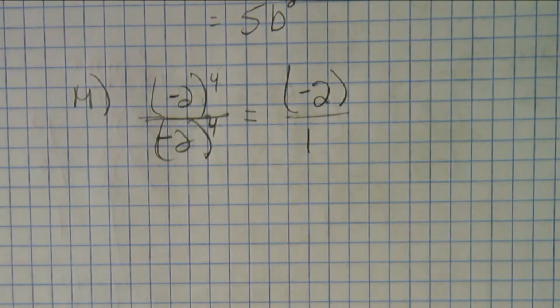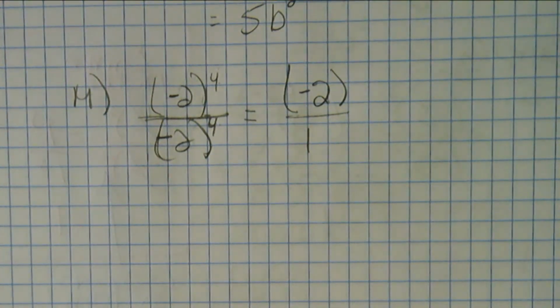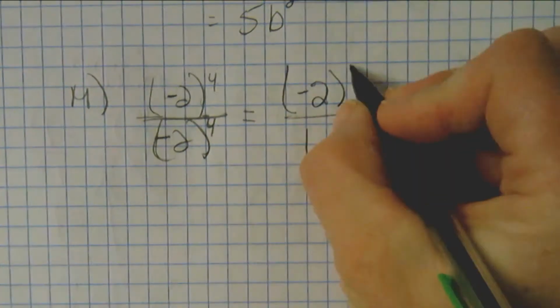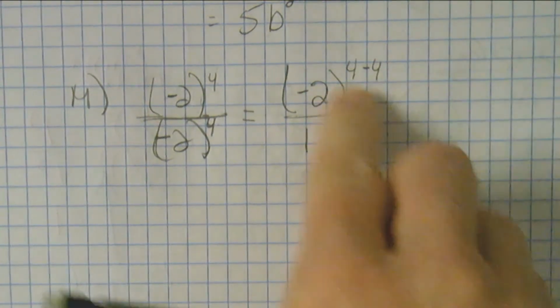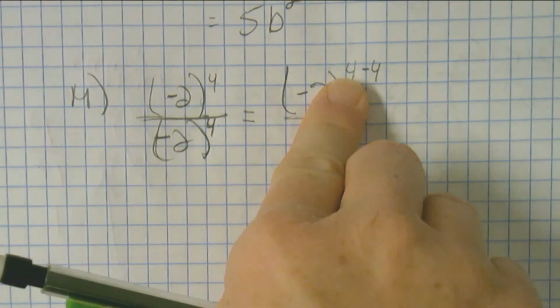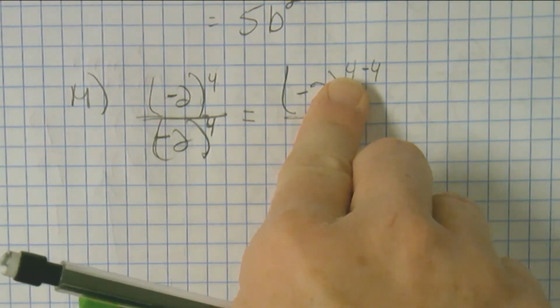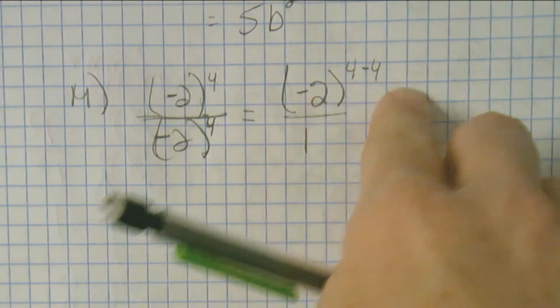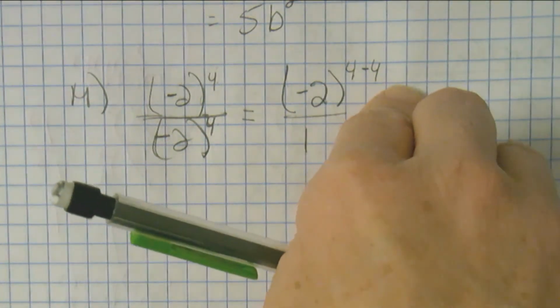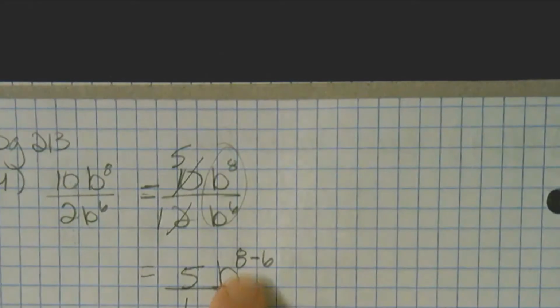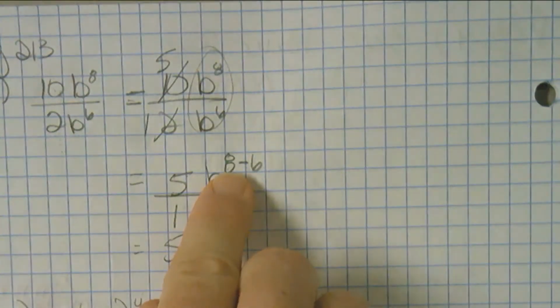Because remember, using the power rule is dividing out common factors. That's why we do 4 minus 4. Because there are 4 negative 2's in the numerator, and they're canceling out with the 4 negative 2's in the denominator. Up here, I had 8 b's in my denominator.